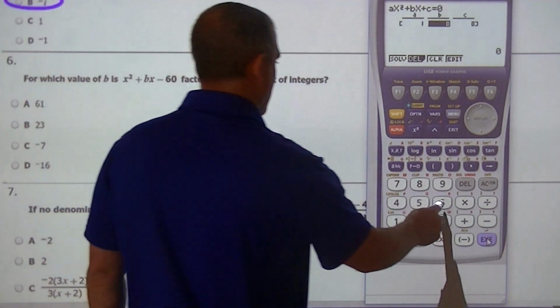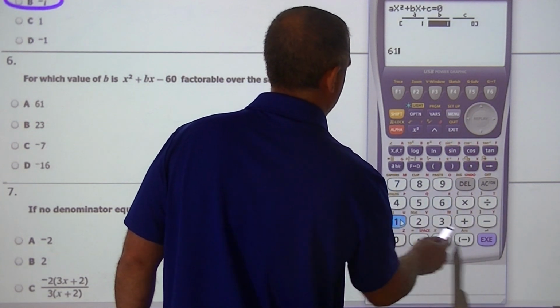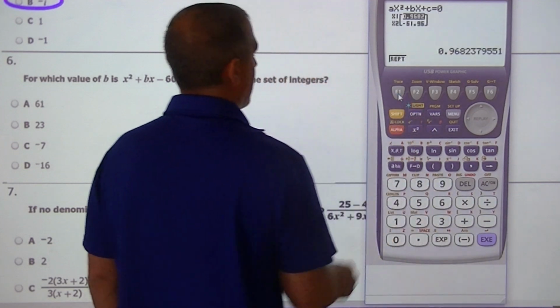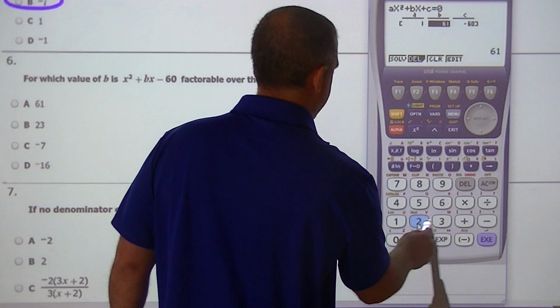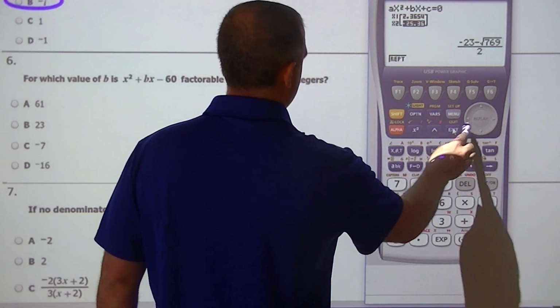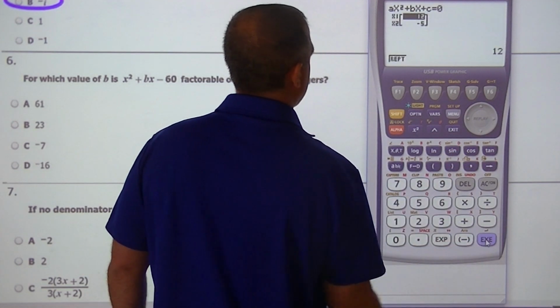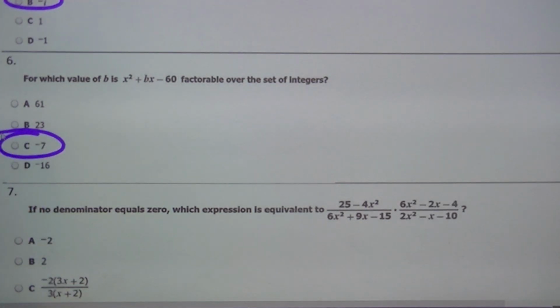So I would do 61, and then negative 60. And what I want to see is that they create factors. That one does not. Then I'm going to go to 23 for that middle one. Those are not factorable. Then I'm going to put negative 7 in there. As you can see, those create factors. So that would be my answer.